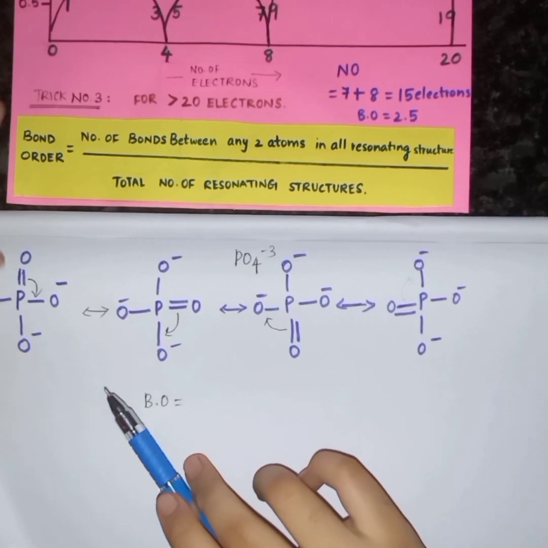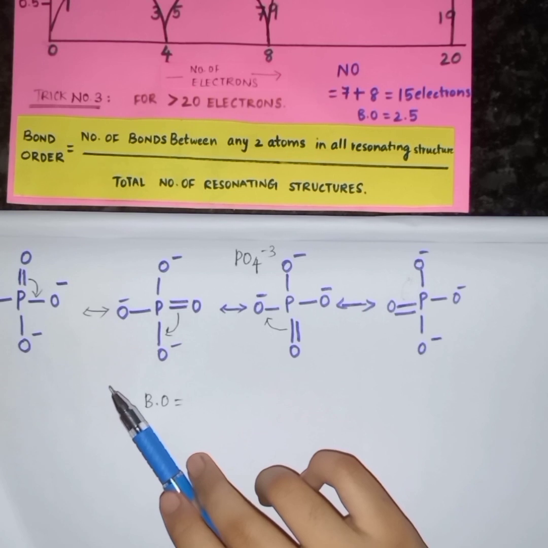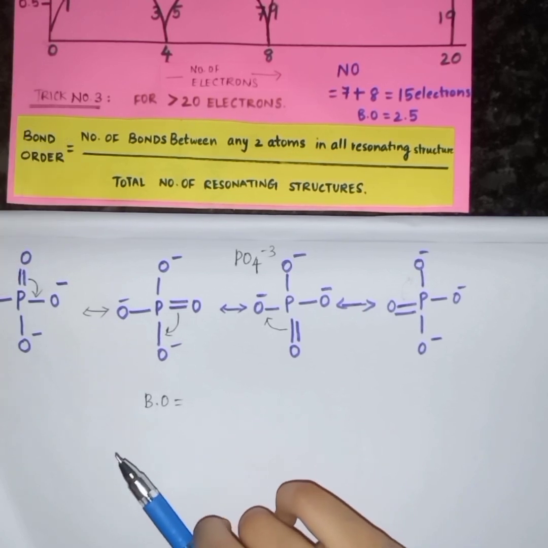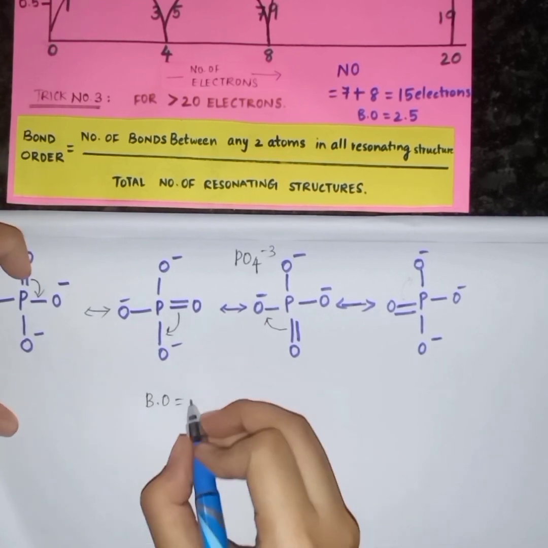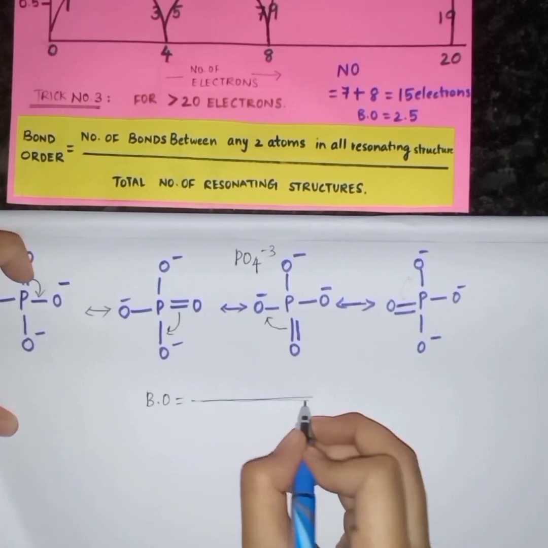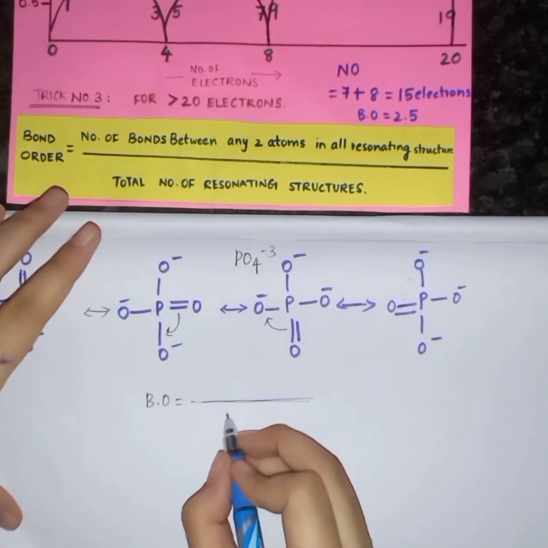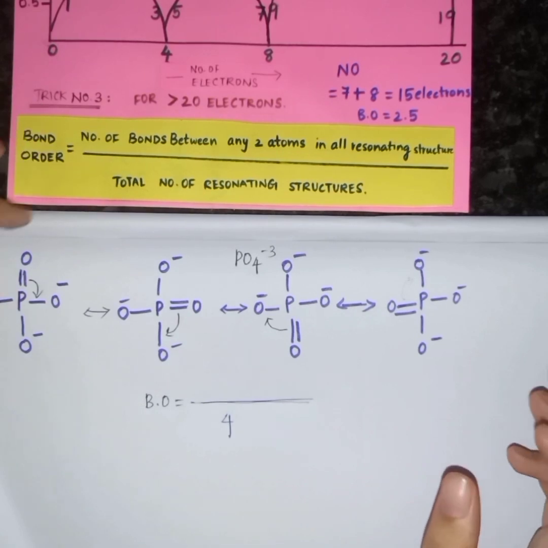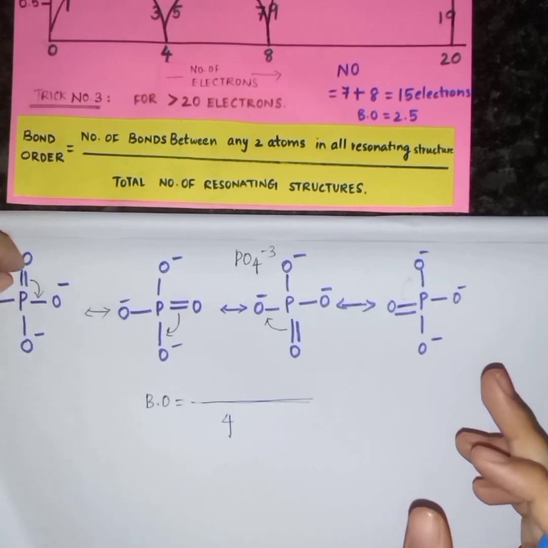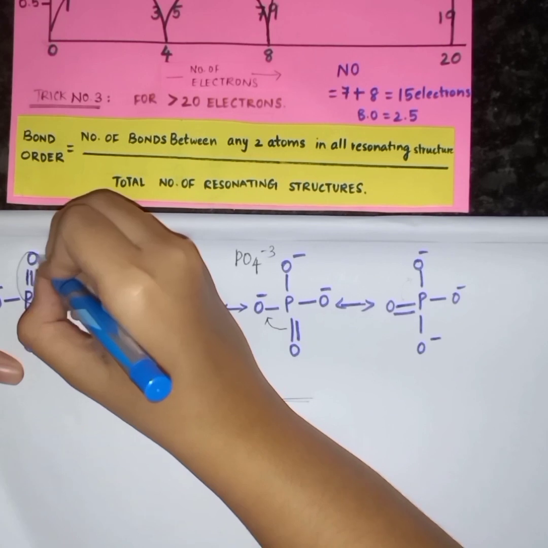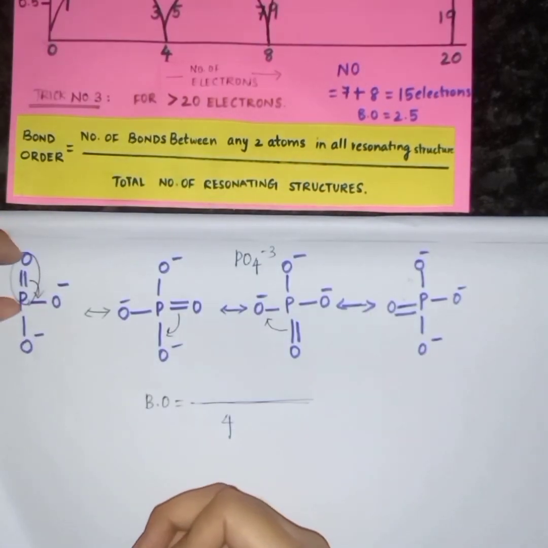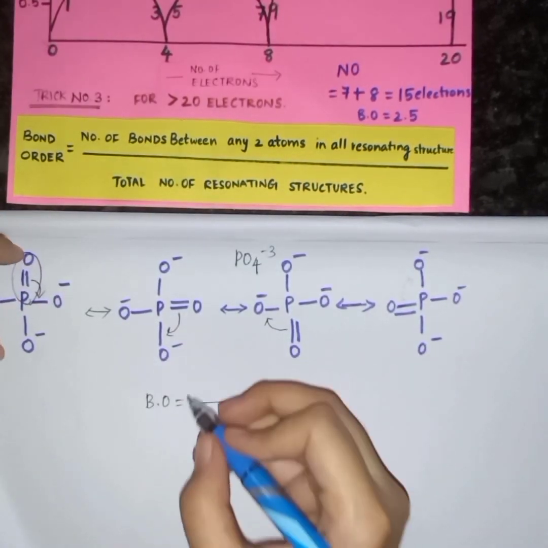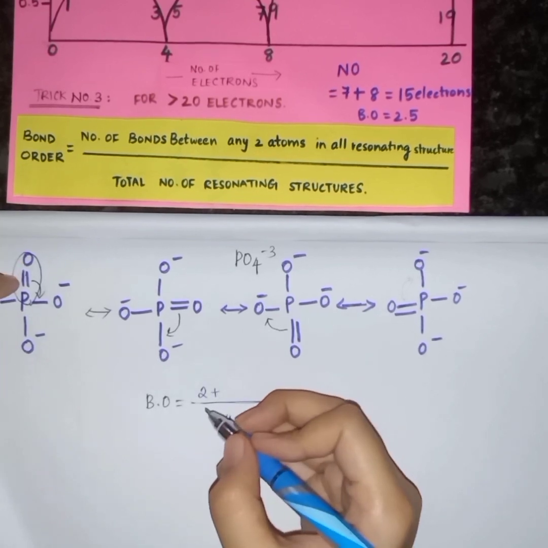Let us apply the formula. Bond order is equal to number of bonds present between any 2 atoms in all the resonating structures by total number of resonating structures. What is the total number of resonating structures? 1, 2, 3, 4. 4. Number of bonds between any 2 atoms. So I am taking this phosphorus atom and this oxygen atom. How many bonds are present between this phosphorus and this oxygen? 2 bonds in the first resonating structure.